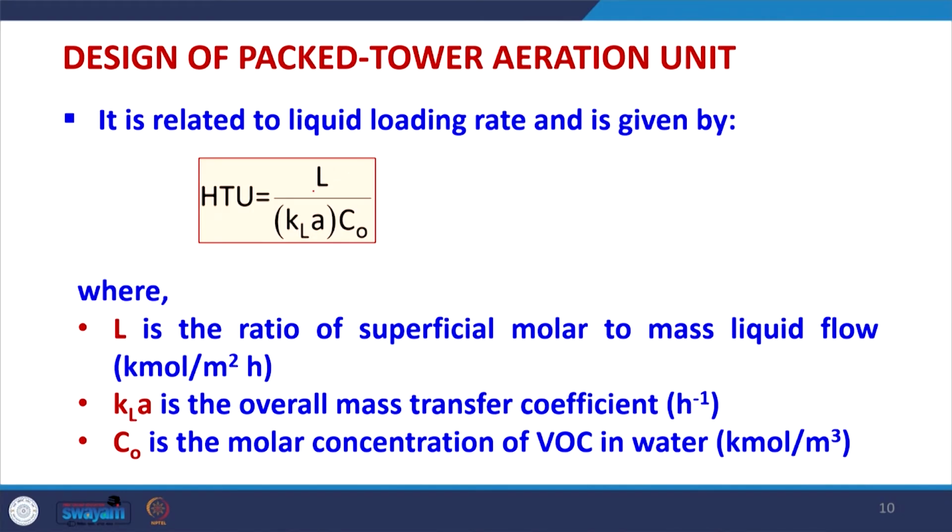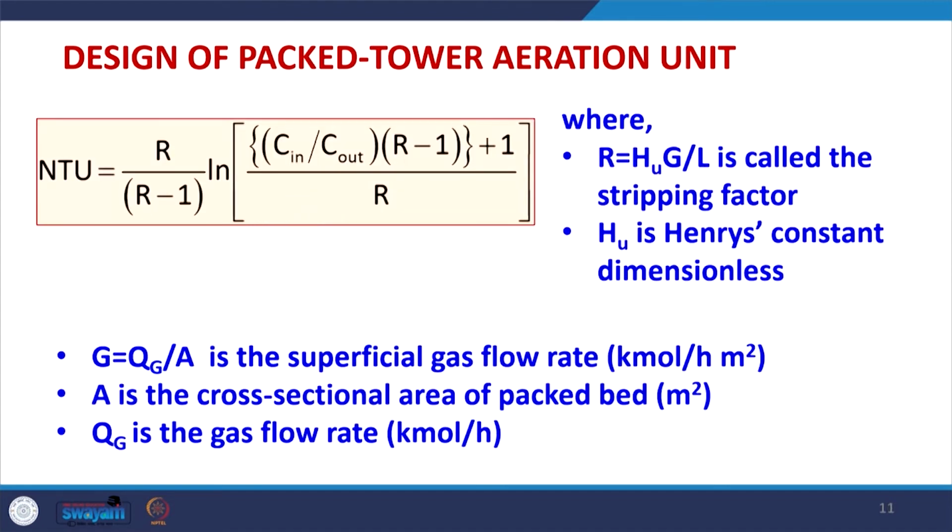Now, HTU can be found out using this equation for a packed aeration unit or any other, where it is the ratio of L divided by the overall mass transfer coefficient multiplied by the molar concentration of VOC in the water. That molar concentration is what we have to determine, and it is related to loading rate.